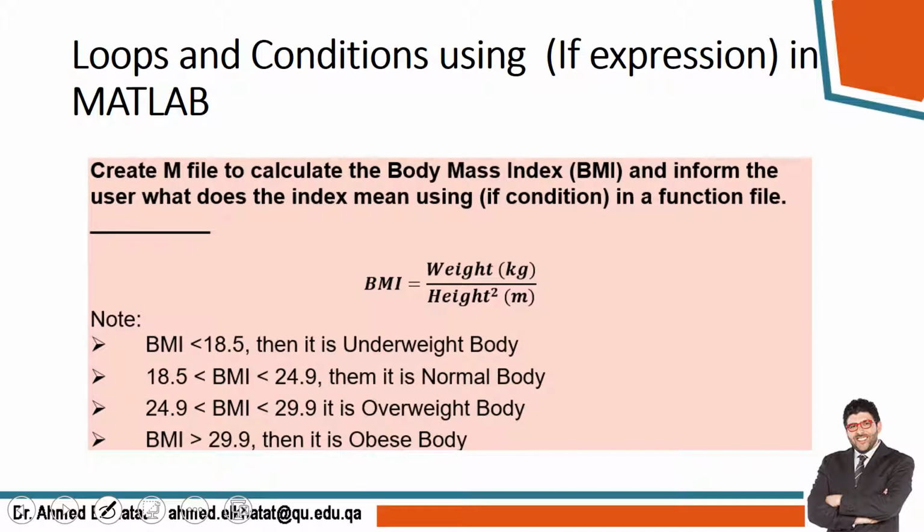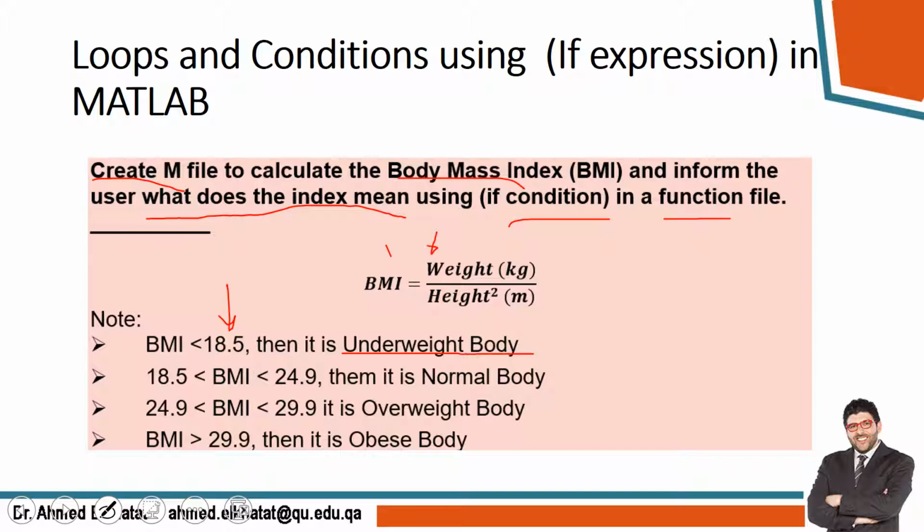So let's take this example. Create an M-file to calculate the body mass index and inform the user what the index means, using if conditions in a function file. The body mass index is weight in kilograms divided by height squared. If the body mass index is less than 18.5, it indicates an underweight body.